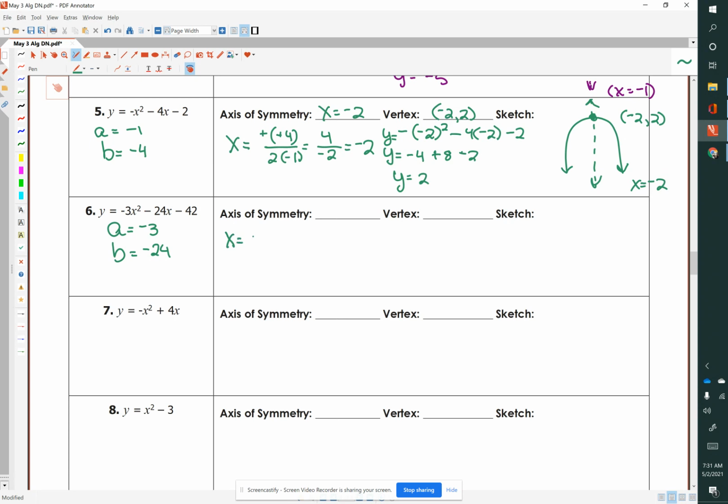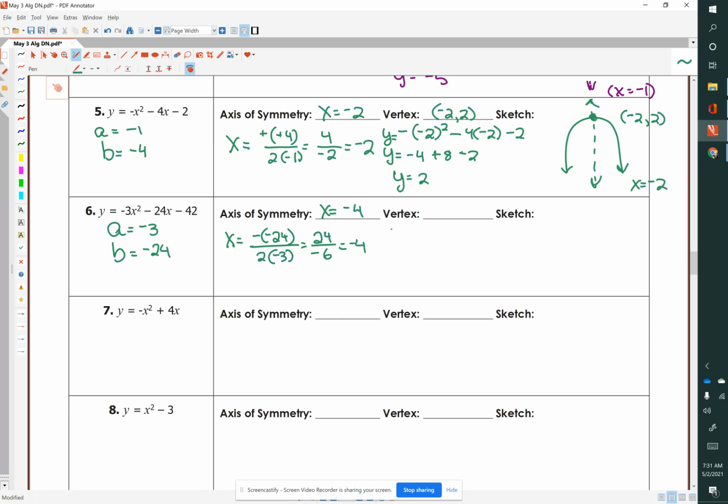So x equals negative times -24 divided by 2 times -3, which will give us +24 over -6, which equals -4. So our axis of symmetry, x equals -4.